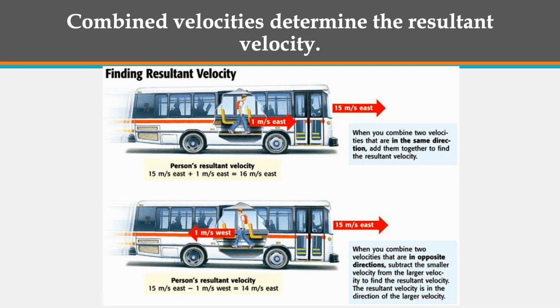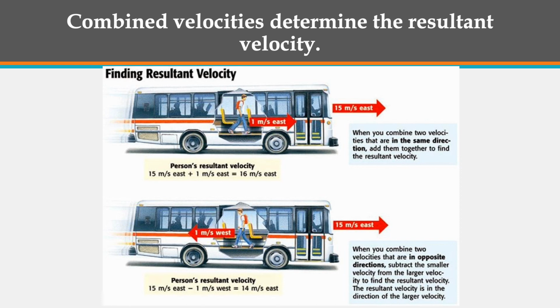What happens when we combine velocities together to determine the final velocity? Look at the picture here. You have this example in your book. Now there is a bus. This bus is moving in this direction, and also there is a boy inside the bus who stands up and starts to move in the same direction.